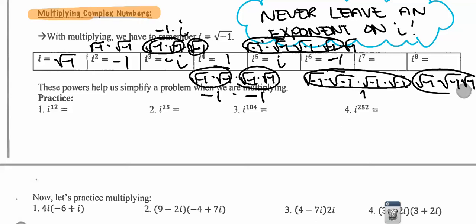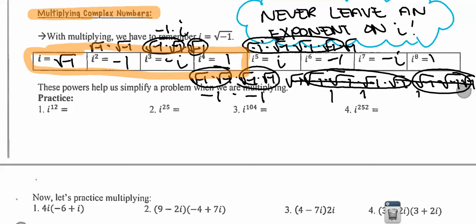So now I'm left with i to the 3rd, and i to the 3rd was just -i. So what do you think i to the 8th is going to be? 1. Because if I add one more, I have 1, 2, 3, 4, that makes 1, and 1, 2, 3, 4, that makes 1. So there's a pattern that follows with this, which is why you only have to memorize these 4.